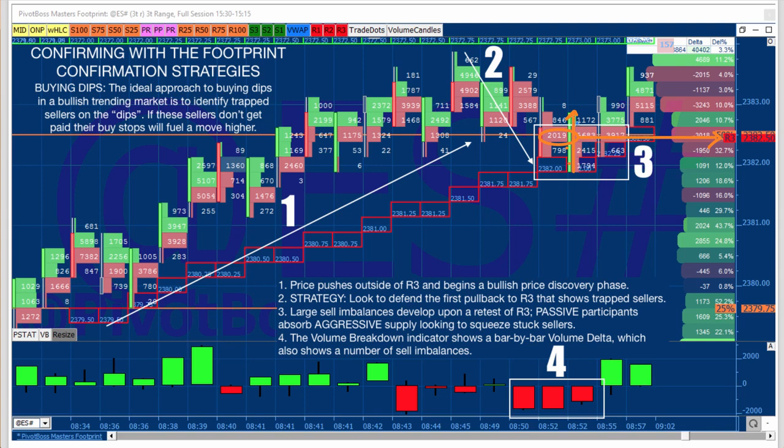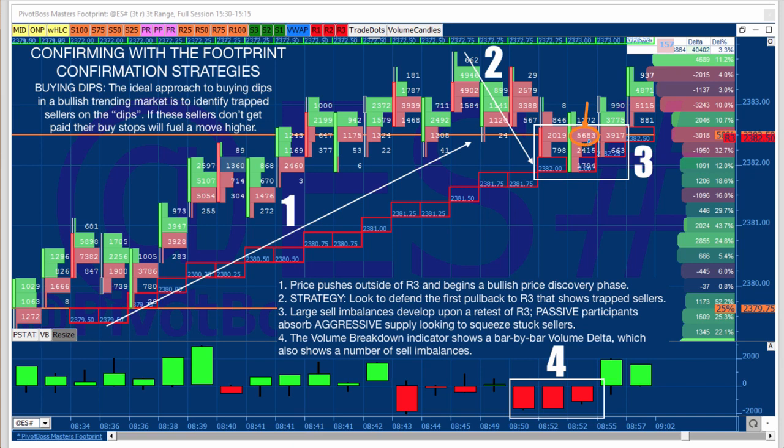Boom, it goes bid and pops back above that zone. An additional 5,000 contracts. Now this is a sell imbalance too. 5,600 more contracts came in to sell at the market at that price than did buyers.